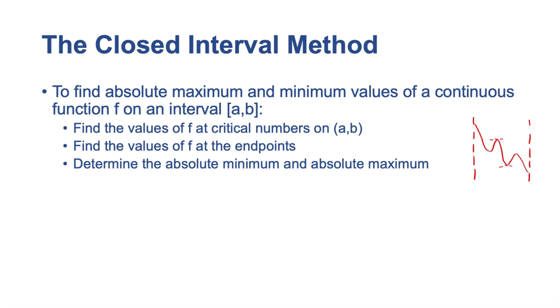But that's not true, because you need to make sure you're checking the endpoints, because this maximum is greater than this maximum on this interval, and this minimum is less than this minimum on the interval from a to b. And then we are going to determine the absolute minimum and absolute maximum based on which is greater and which is less.